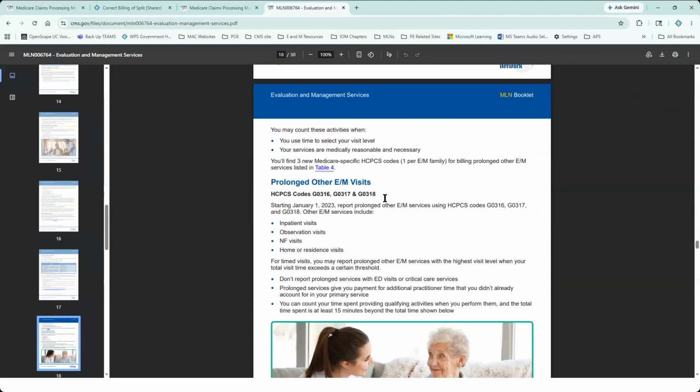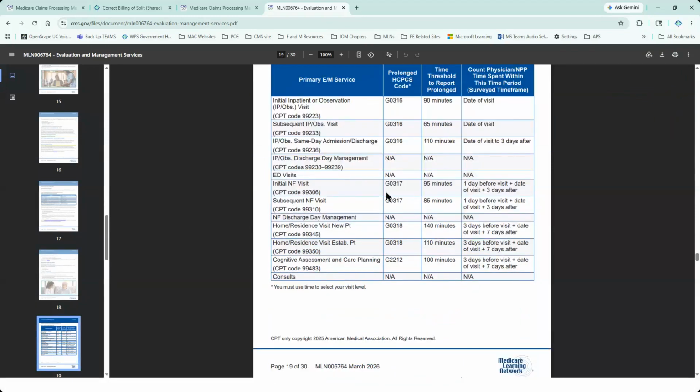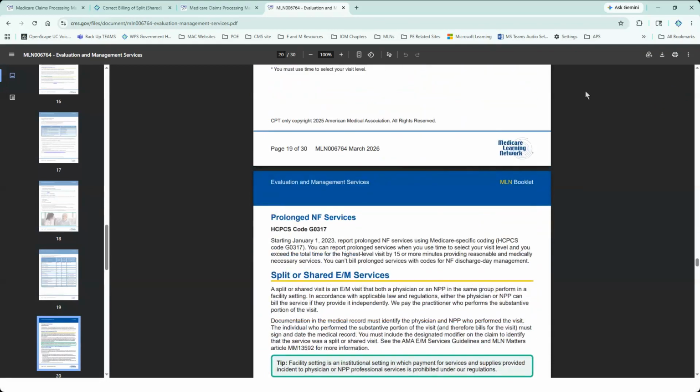If you continue to scroll down, you will actually see a larger chart. What is in your presentation today is going to be screenshots of smaller portions of the chart, but it does talk through all of the different services and all of those time frames and thresholds for counting that time that we talked about today. So that's going to be something that you want to take a look at.